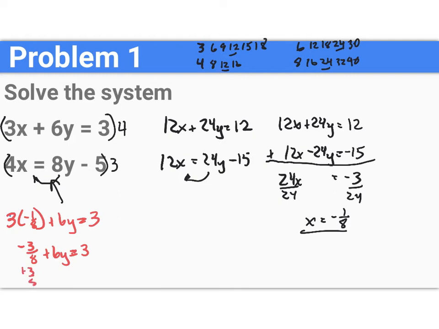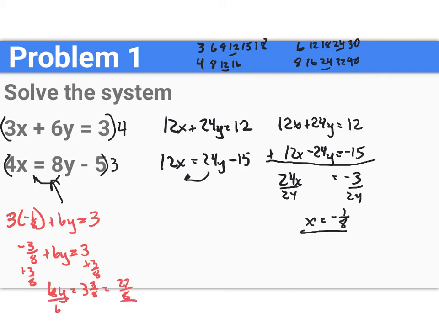Add 3/8 to both sides. The beautiful thing about adding fractions to whole numbers is you just throw them together. But I must convert this into an improper fraction. So 3 times 8 is 24, plus 3 is 27, so this equals 27 over 8.